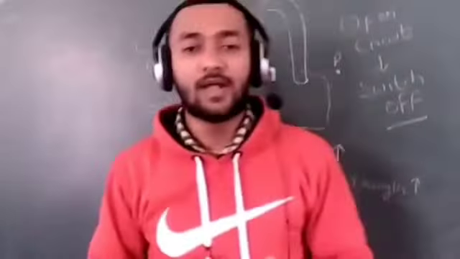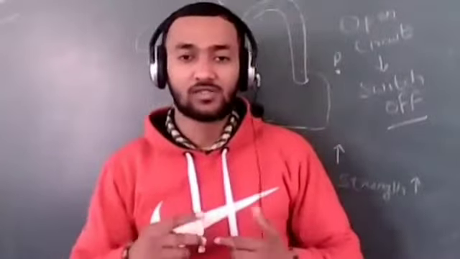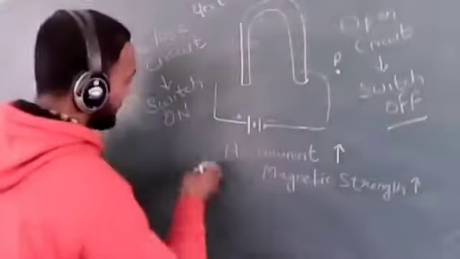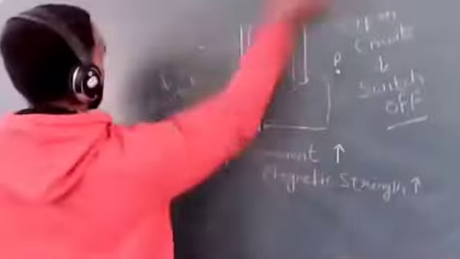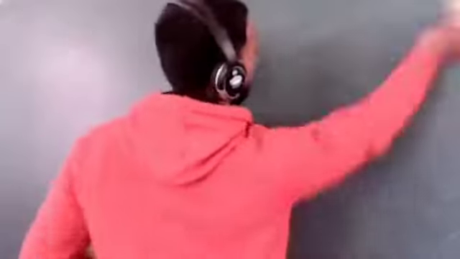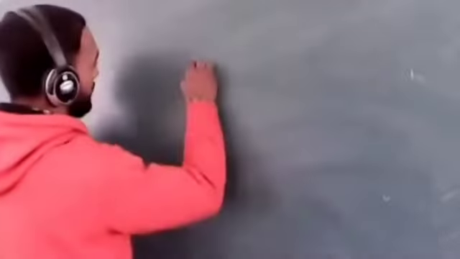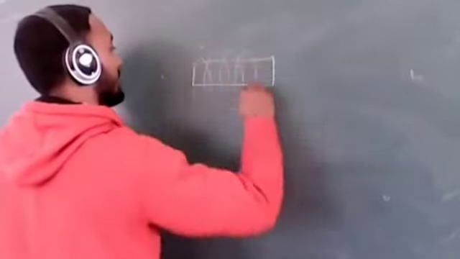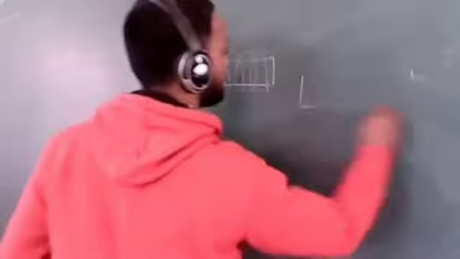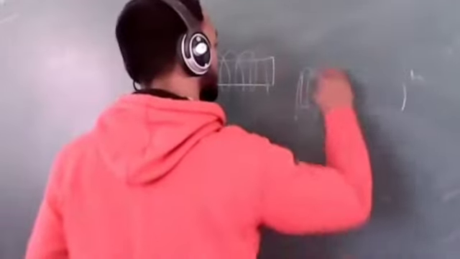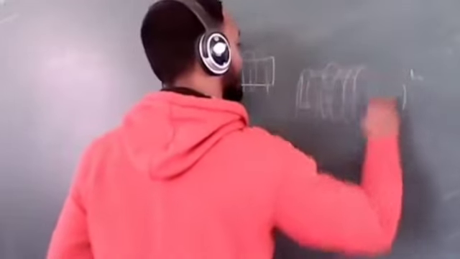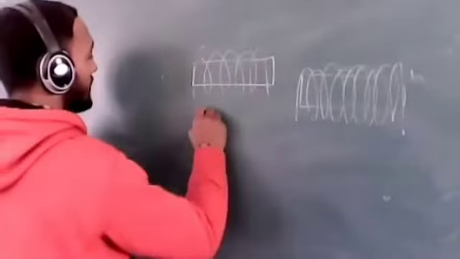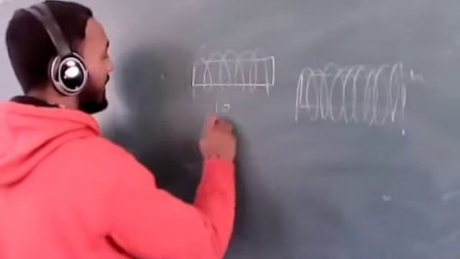So it is experimented that as the number of turns, suppose we have wound like this, there are two conditions. Here the number of turns may be 10 and here 20.